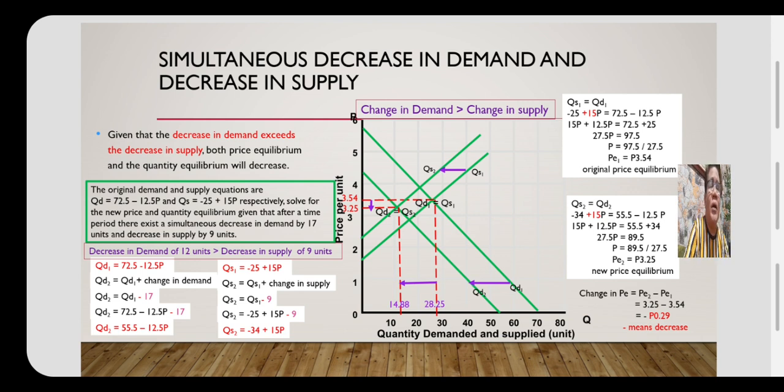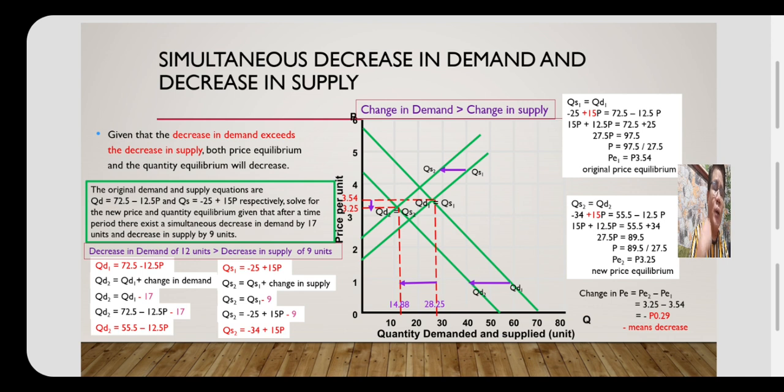So now we are ready to solve for the price equilibrium. Because the original demand and supply equations given in this particular problem are the same equations as in the previous slides, the original price equilibrium is still equivalent to 3.54.